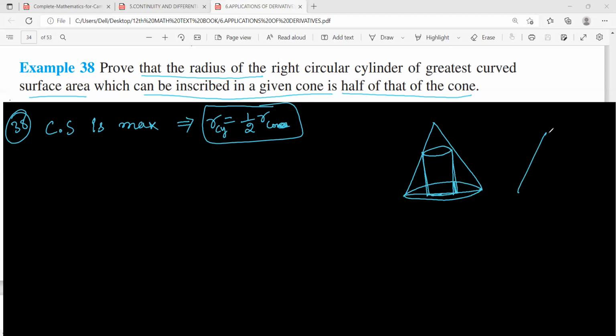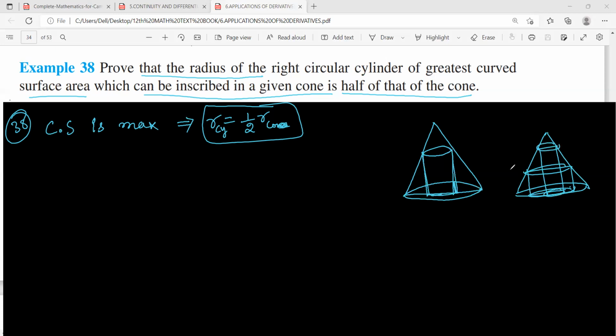See, we can put many: like this also we can put, like this also, like this also. Any cylinder we can put.